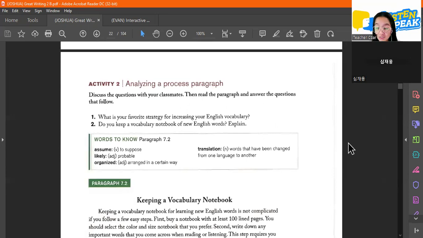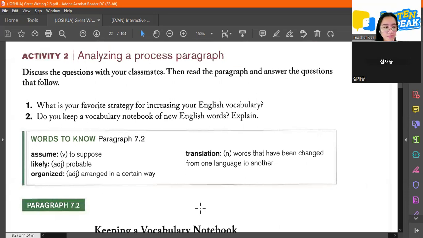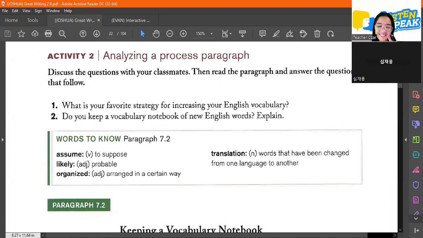So here is activity 2, Joshua. And in this one, we will discuss the question. The first one: what is your favorite strategy for increasing your English vocabulary? Okay, because your second language is English, right?